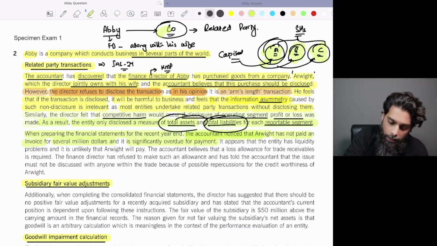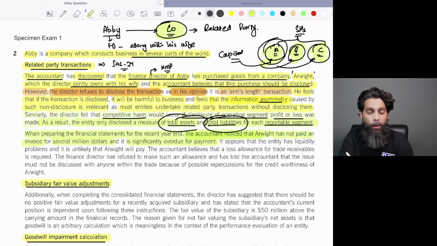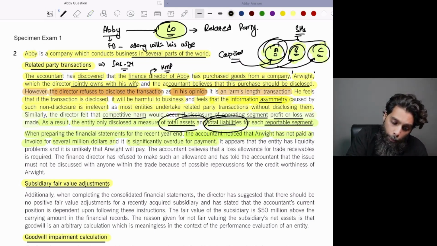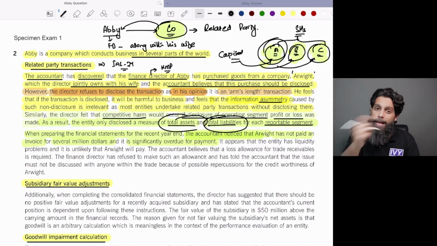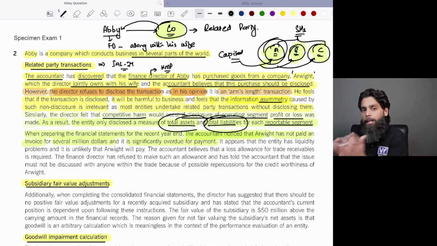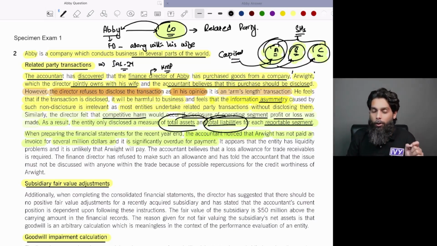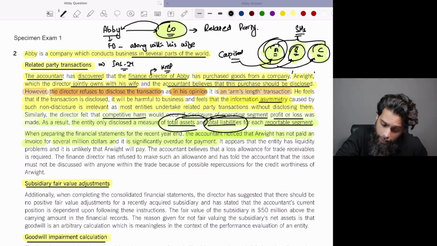So the company which is jointly owned by the finance director has to pay some money to Abby. It is a receivable from a related party entity jointly controlled by your finance director and his wife, and they have still not paid this money. It is significantly overdue for payment.